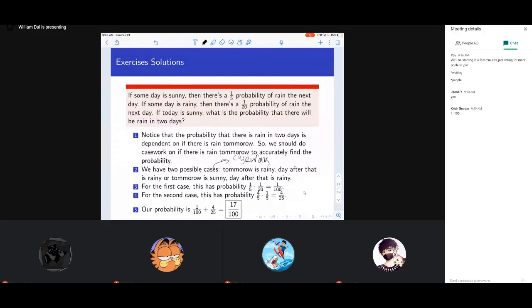The probability that there's rain in 2 days is dependent on the probability that there's rain tomorrow. So we need to do casework on whether there's rain tomorrow to actually find the probability. Then we just do these 2 cases here, and this is our answer here.